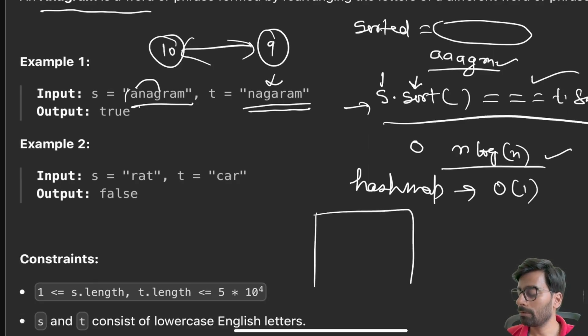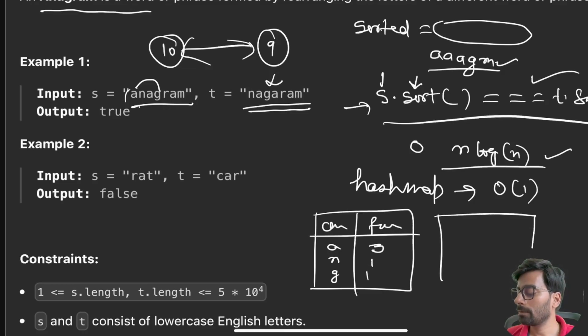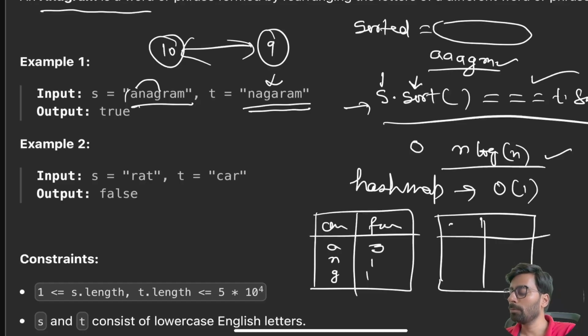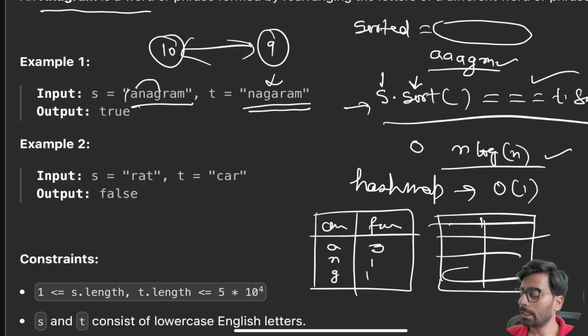Let's say this is the hash map and these are the chars and these are the frequencies: how many times A occurred in S, this is 3, how many times N occurred, that is 1, how many times G occurred, that is 1, similarly. And similarly we can store values of T in a second hash map, or maybe to improve, rather than using two hash maps, we can increase the count.